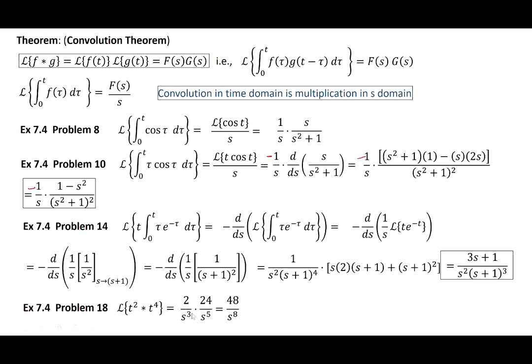The Laplace of t squared is 2 over s cubed. The Laplace of t to the 4 is 4 factorial over s to the 4 plus 1. And so we got this, and we're done. Look at how simple convolution becomes in the s domain. You just simply multiply. Cool. If you were to find the inverse Laplace transform of this, you will actually get the convolution of t squared and t to the 4. Right? That's the idea, folks.